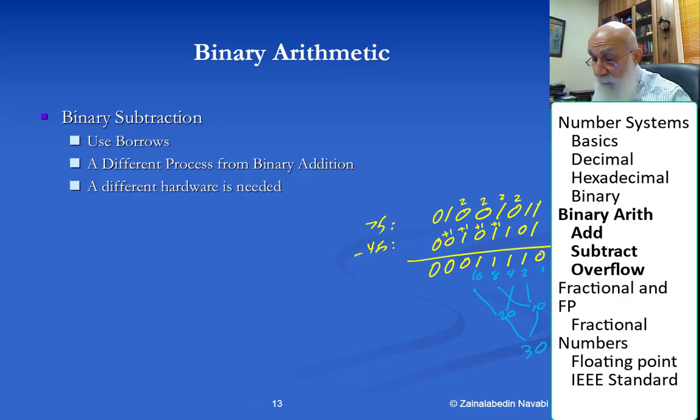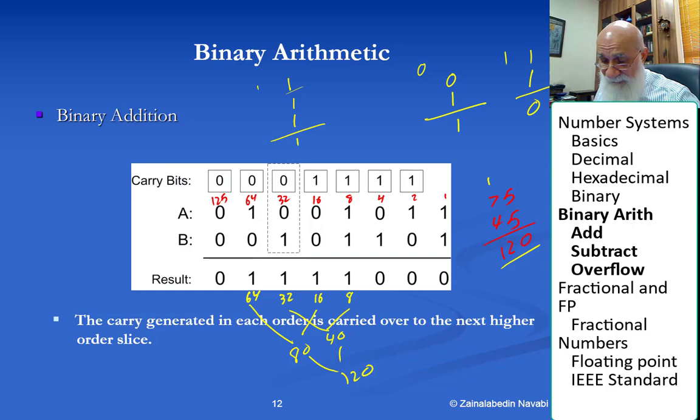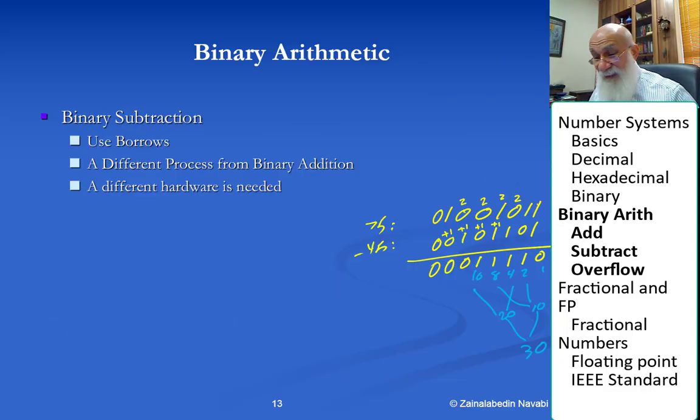I used borrowing. The problem is, if you go back, when I did the addition, I used a different process for adding than for subtracting. Here it was much easier; here I had to do the borrowing.